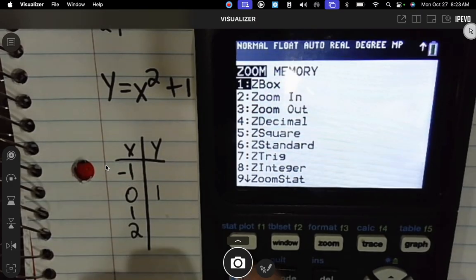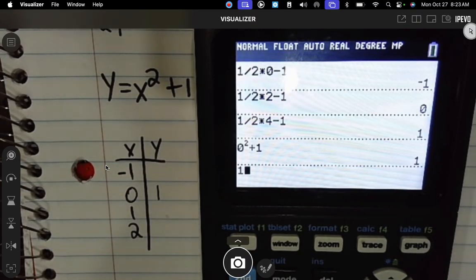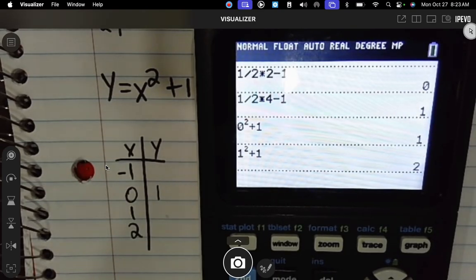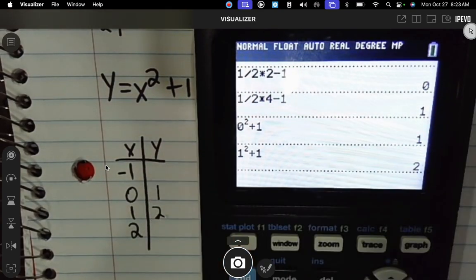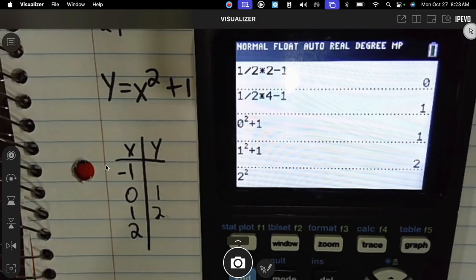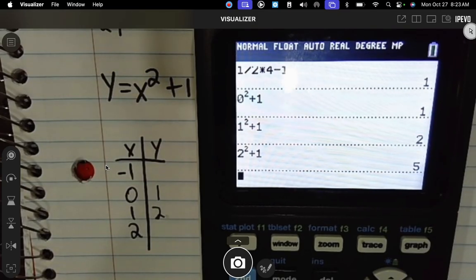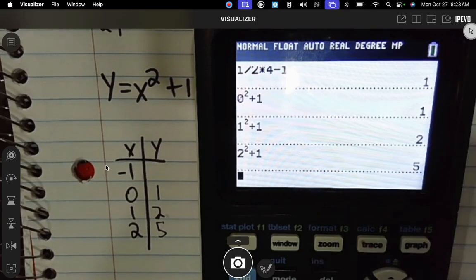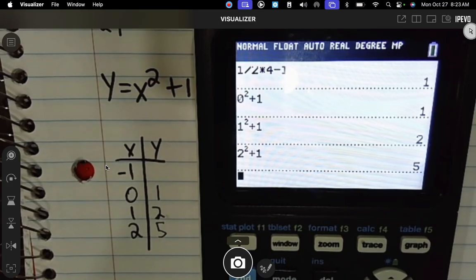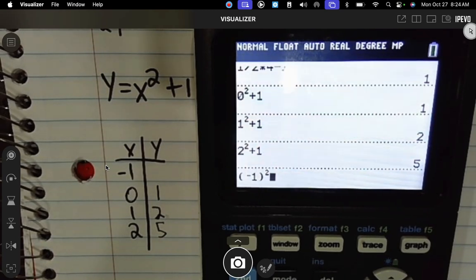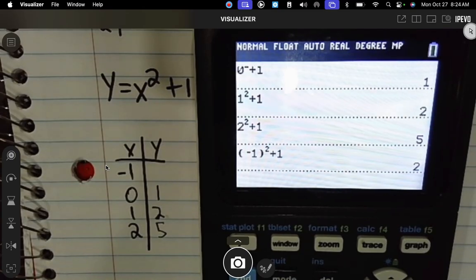Now let's type in 1 squared plus 1. 2 squared plus 1. All right. Now, let me just type in negative 1 squared. So I would do negative 1 in parentheses. You have to be careful with a negative. All right. You have to put it in parentheses. And it's 2.